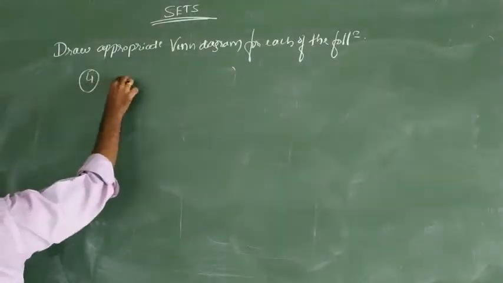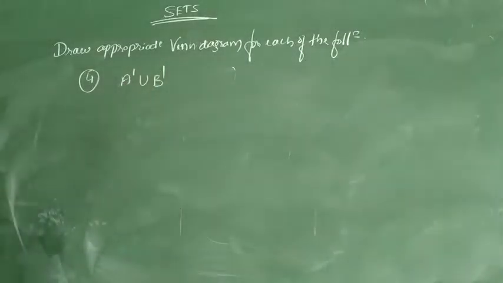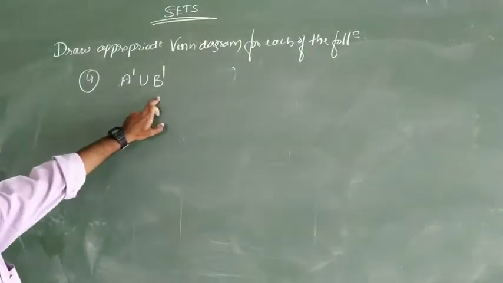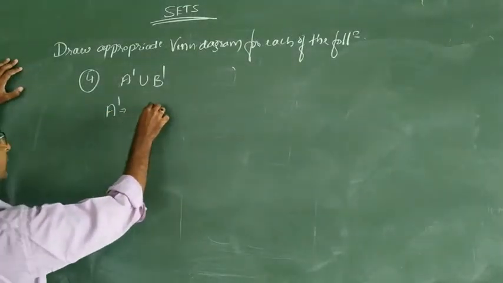The fourth one, A dash union B dash. Here you have two sets, so first I take A dash. But here we have to take the two sets from it.